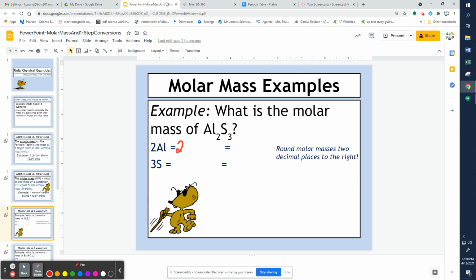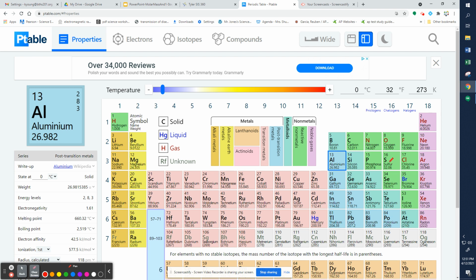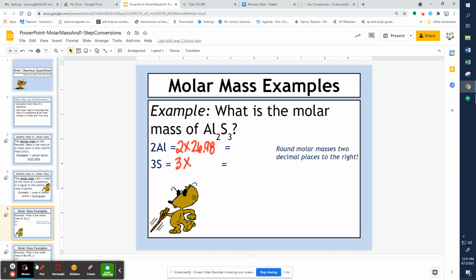Now, I have 2 of those, so I'm going to write 2 times 26.98. For my sulfur, I'm going to have 3 of those, so it's 3 times whatever the sulfur is. Sulfur is 32.06.